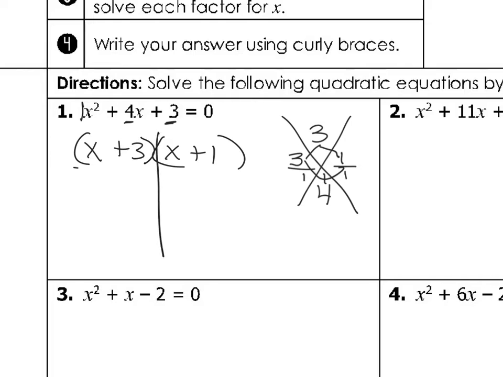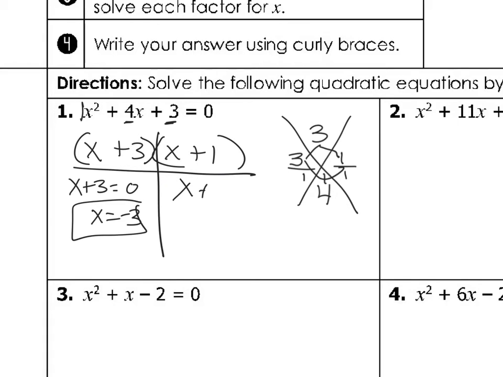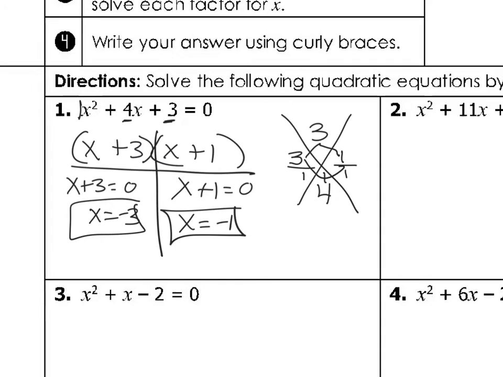So what you're going to do is set them to 0. So x equals negative 3. And then this one, set it to 0. So x equals negative 1. Remember, you move something to the other side by doing the opposite operation.